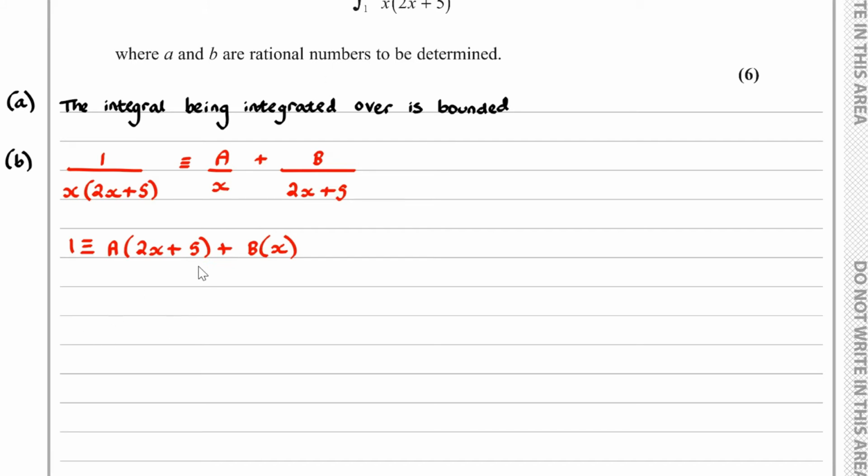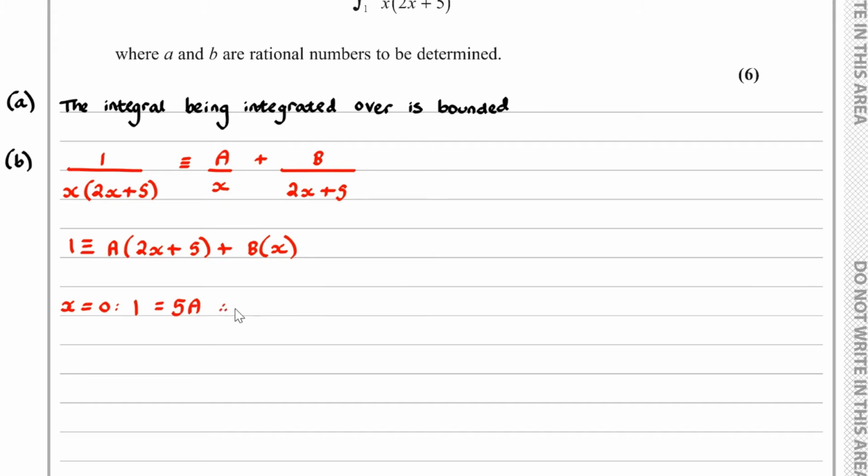And we can do that by letting one of the brackets equal to 0. And we need a value of x such that one of those brackets is 0. So for example, when x is equal to 0, on the left hand side we have 1, and on the right hand side the b term disappears, we're left with 5a.